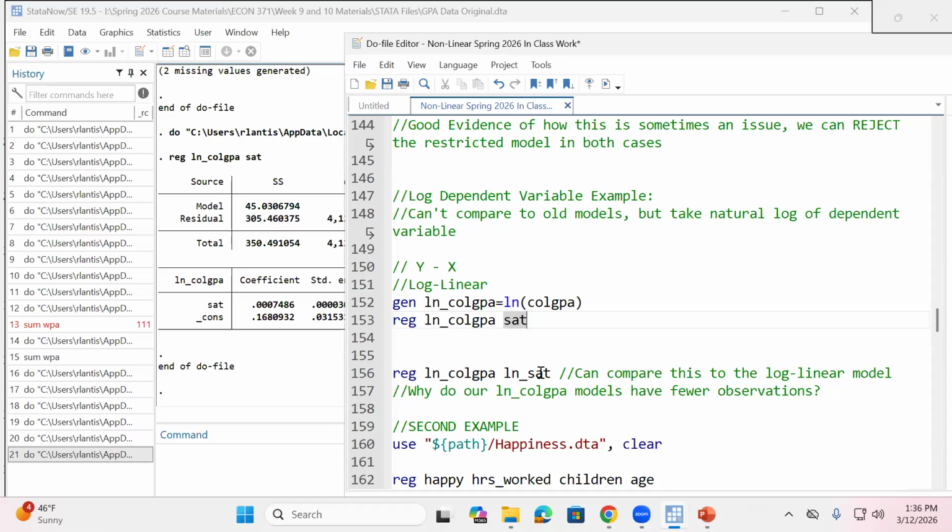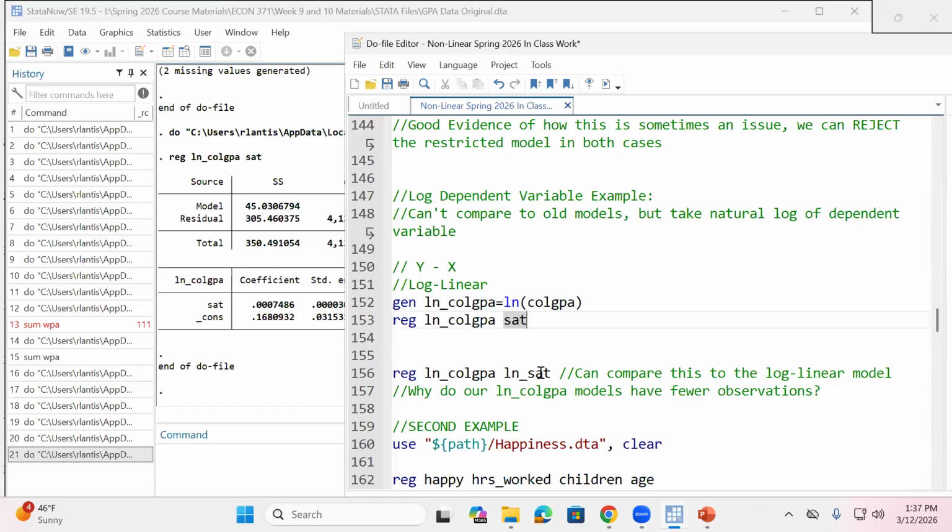All right. So if I take the natural log of both of these variables, we'll think about it in a general context and then this example. If I've got the natural log of GPA and the natural log of this person's SAT score, then when we have the natural log of our X variable, it's not a 1 unit change, it's a 1% change in X that is going to cause my predicted Y to change by beta 1.